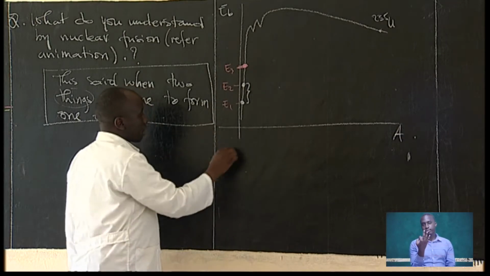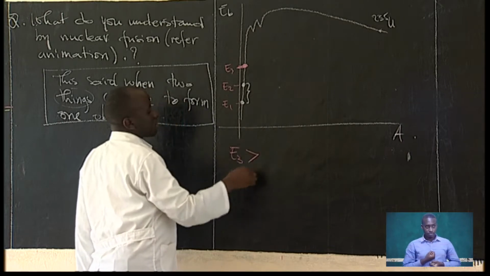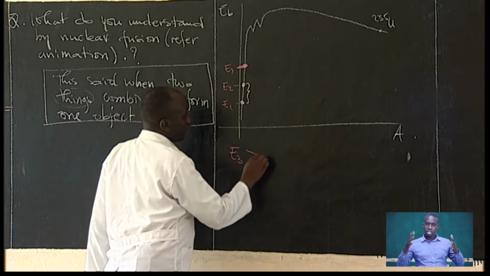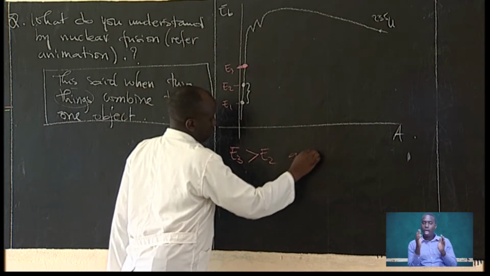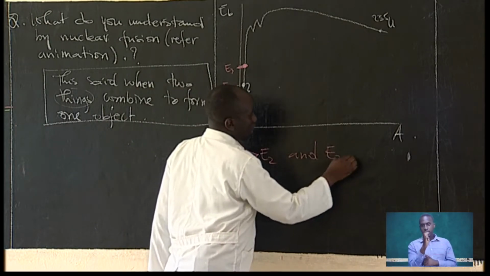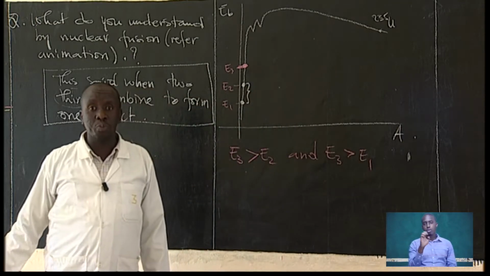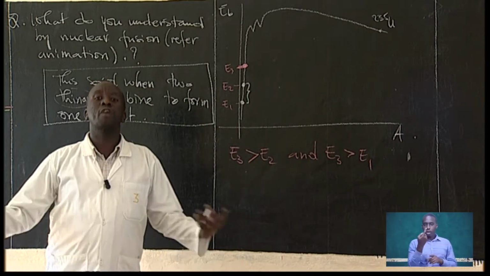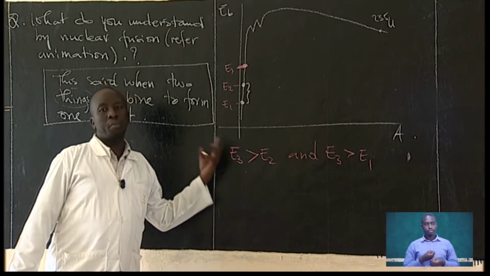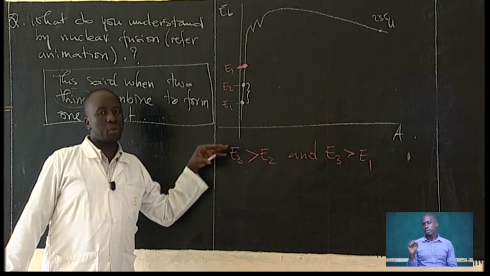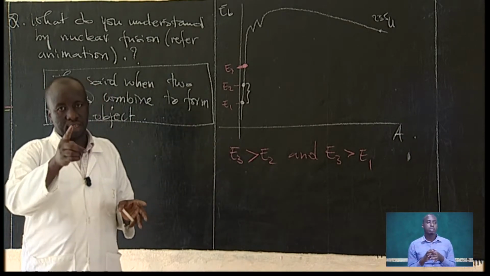Then you see that E3 here will now be much bigger than what we have here as E2, and this E3 is bigger than E1. Then we have this one, which is more stable, is heavier, or is having a bigger mass than what we have combined. Do you understand that now?